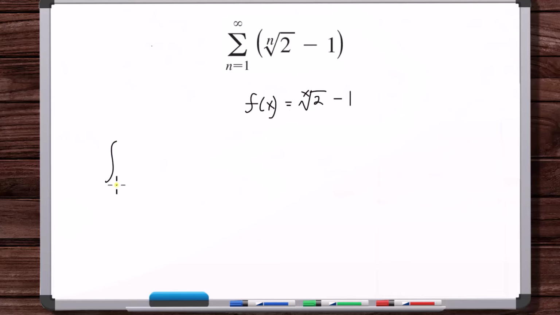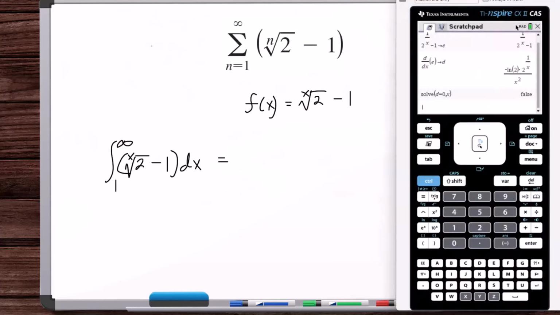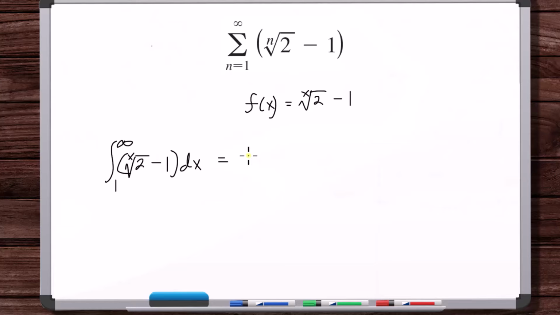So we can use the integral test if we're able to evaluate this integral. The integral from 1 to infinity of the original function e is infinity. This integral diverges, so according to the integral test, this series is divergent.